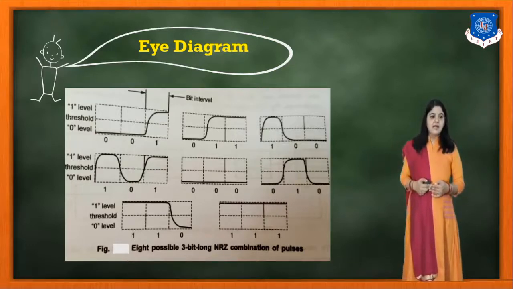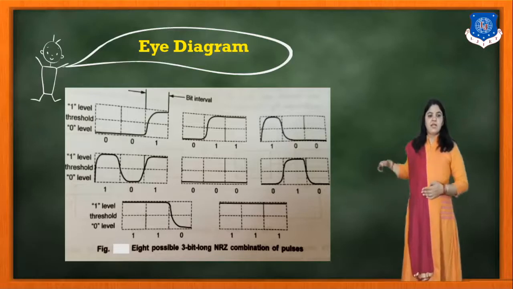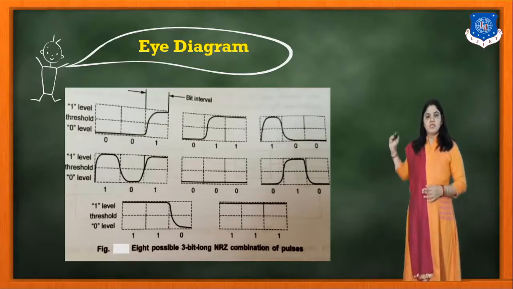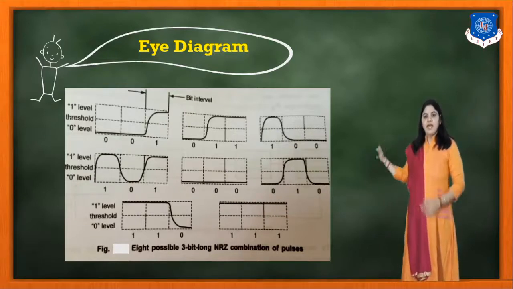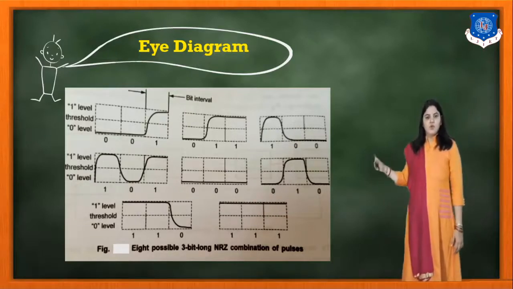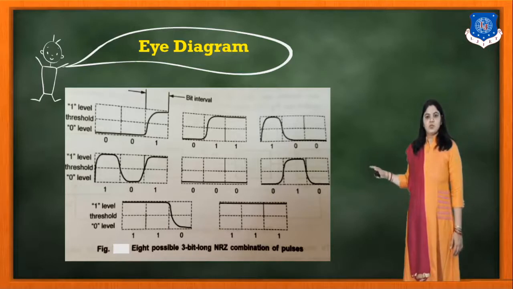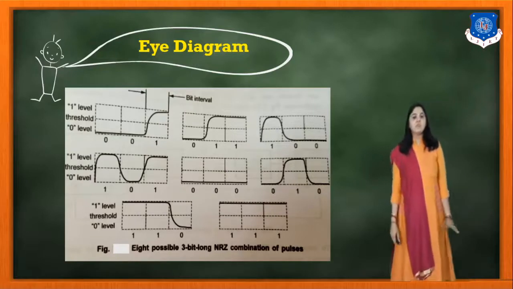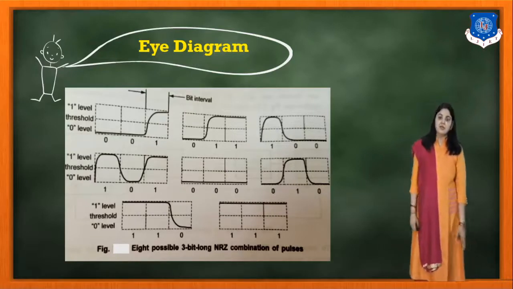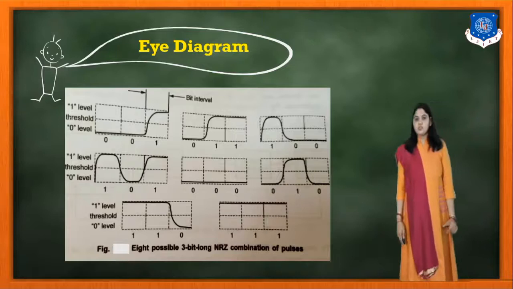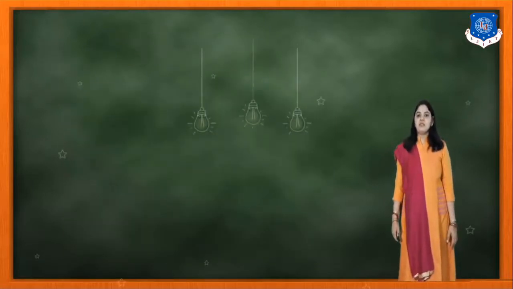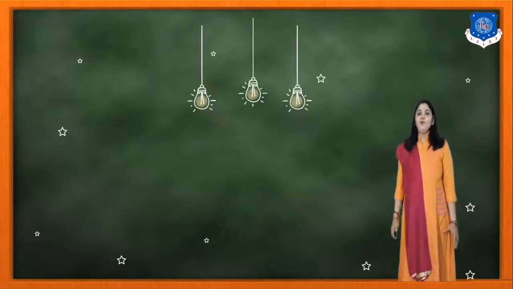In the first diagram you can see the 1 level, the threshold, and the 0 level. Again in the second diagram you can see 0 1 1, then 1 0 0, 1 0 1, then 0 0 0, 0 1 0, 1 1 0 and 1 1 1. So this shows how the various 3-bit data patterns in non-return to zero form are obtained.